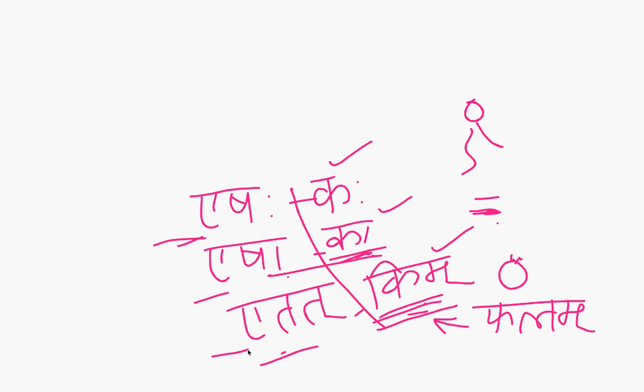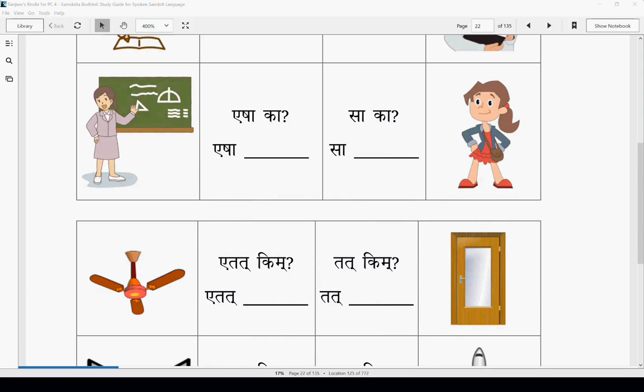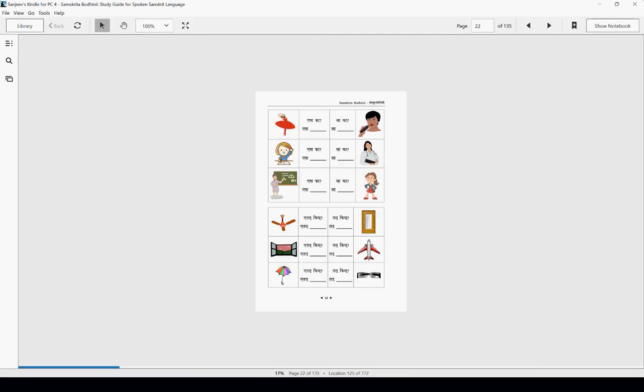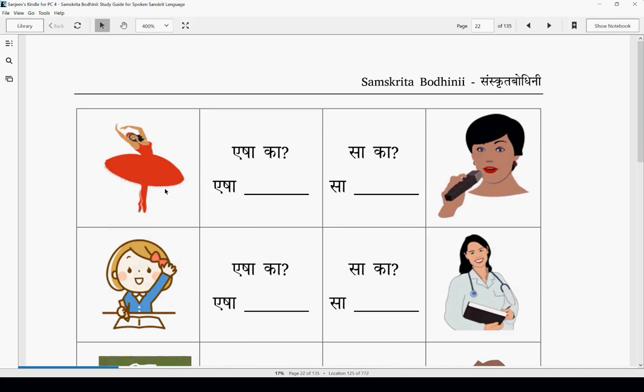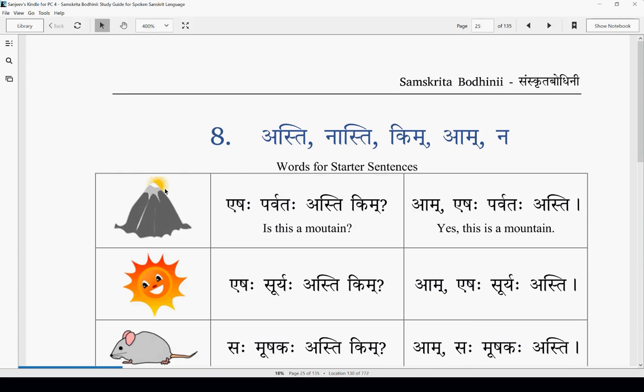Then kaha, similarly kaha, ka, kim, they also have three different genders here. Kaha is pullingam, ka is strilingam, kim is napumsakalingam. But here this kim is not coming with that context.